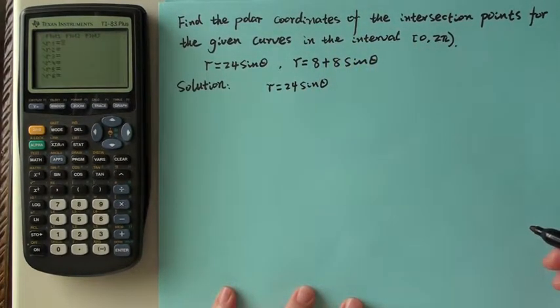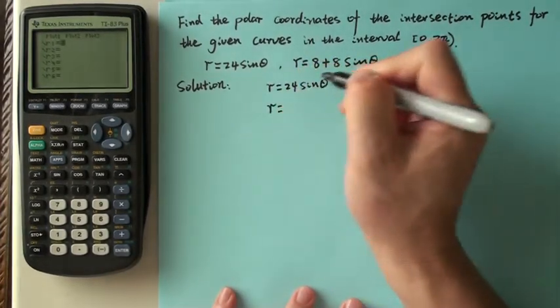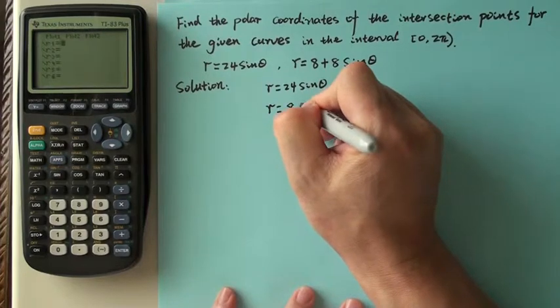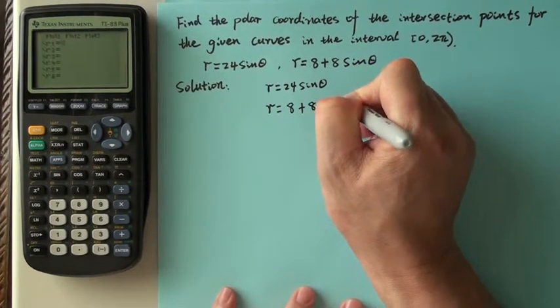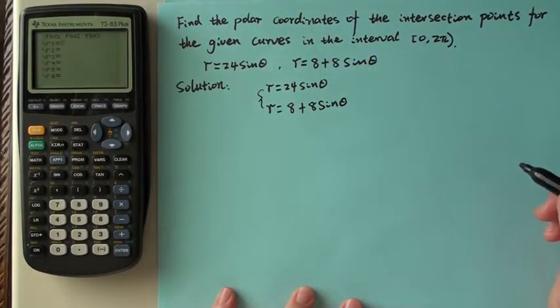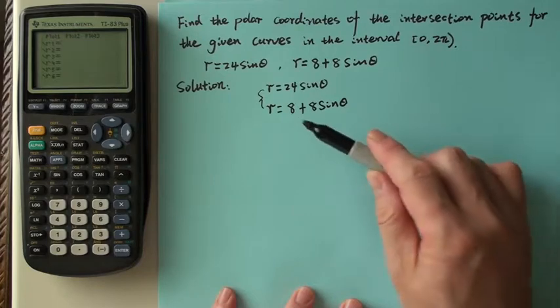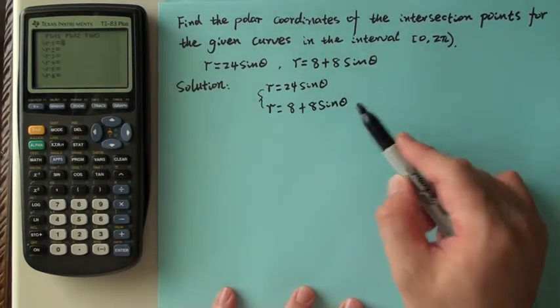The second one is r equals 8 plus 8 sine theta. If they are intersection points, then r should be equal, and theta should be equal too.